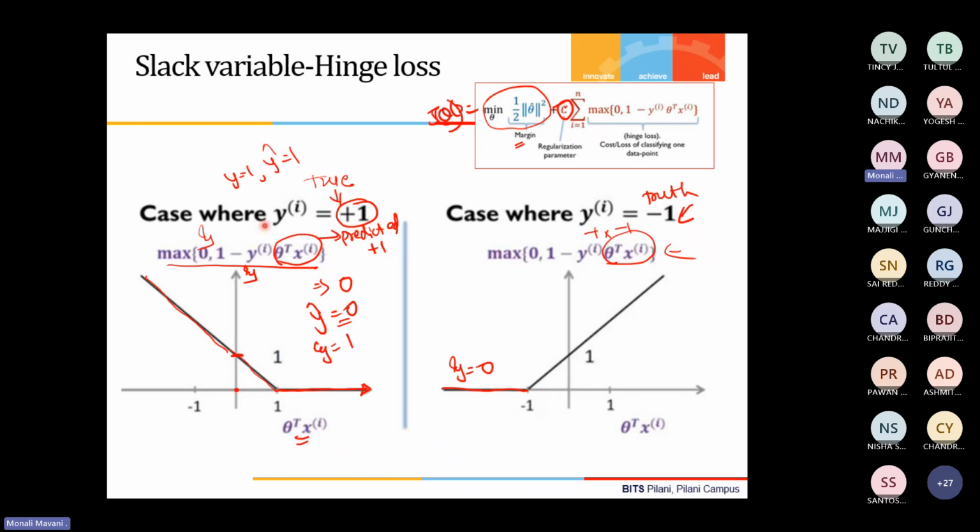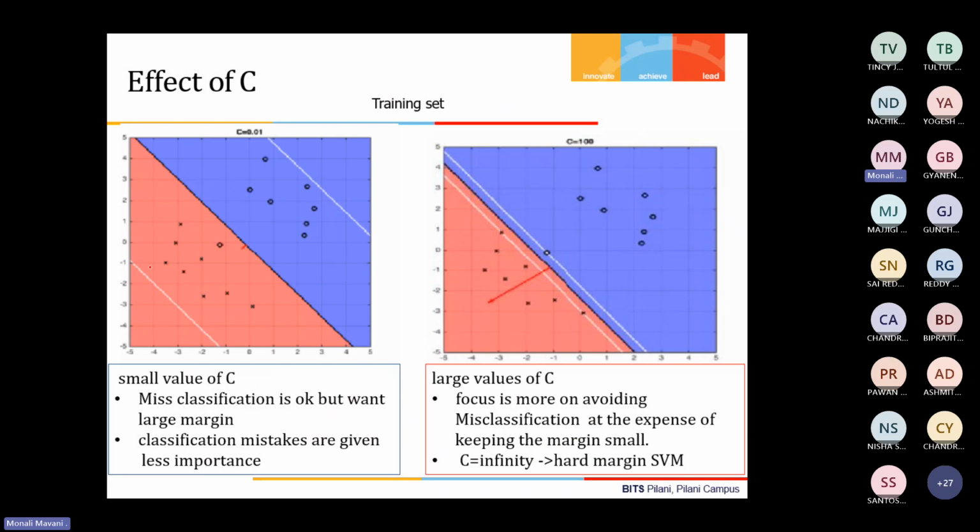Now, what is the effect of this regularization parameter? Before that, what happens whenever the margin is maximized? We may get certain data points within the margin. There's always that possibility because we are going with a soft margin approach, where we allow this by introducing the slack variable.